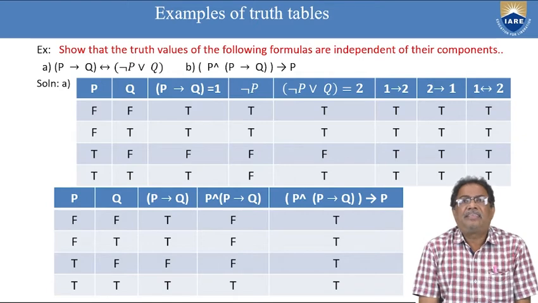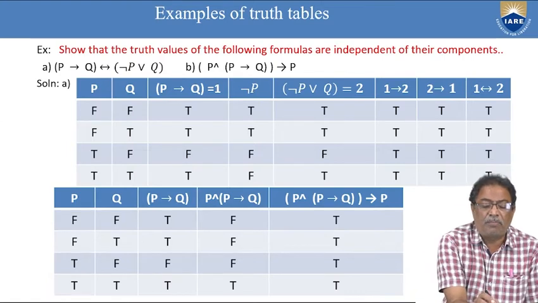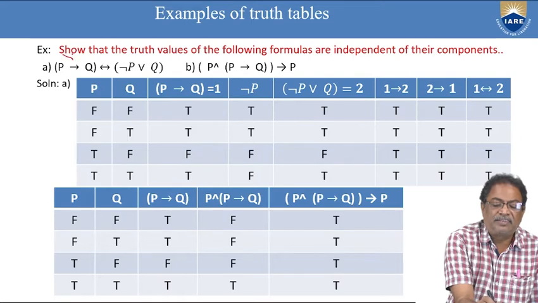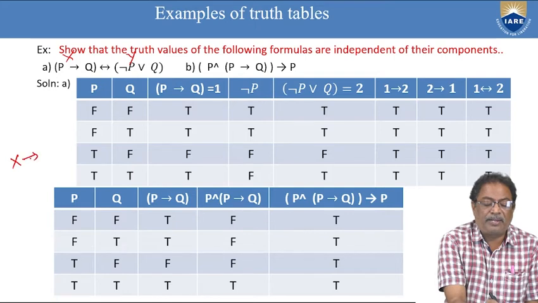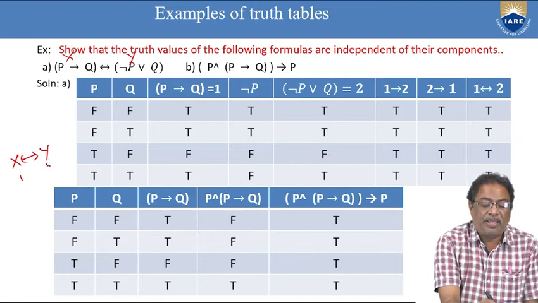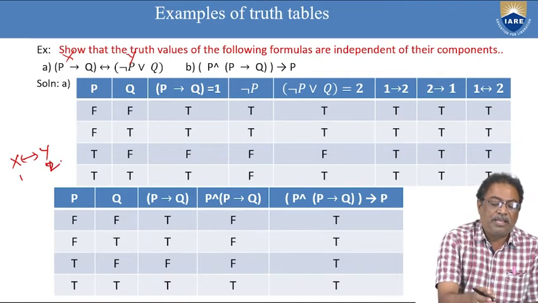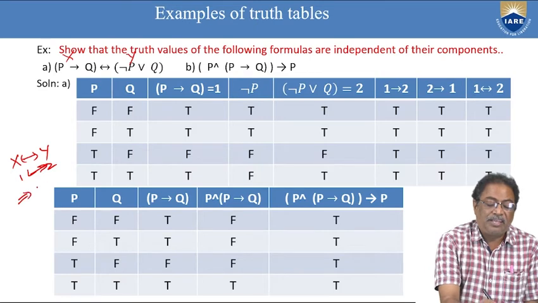So here, A is like this and B is another one. First concentrate on A. Let us say this is X and this is Y. So it is in the form of X biconditional Y. Taking X as 1 and Y as 2, it becomes 1 biconditional 2, which is equivalently written as if 1 then 2, and if 2 then 1.